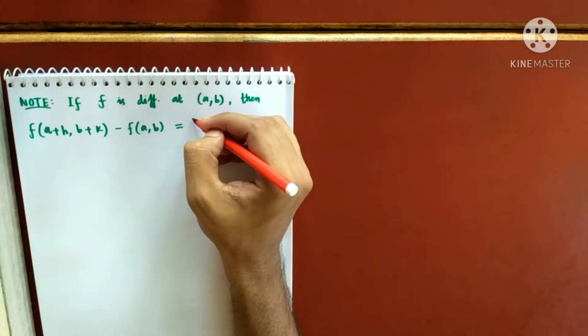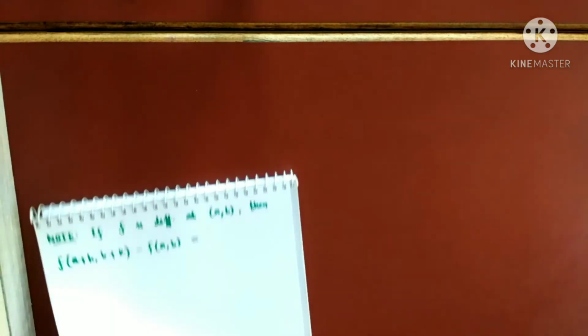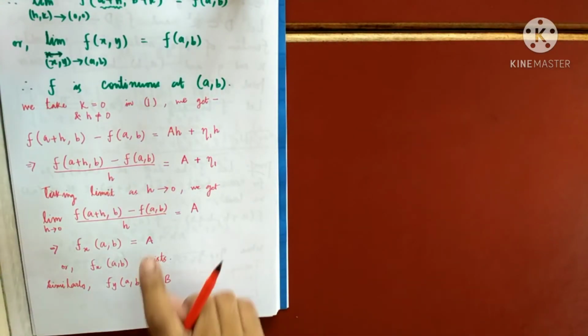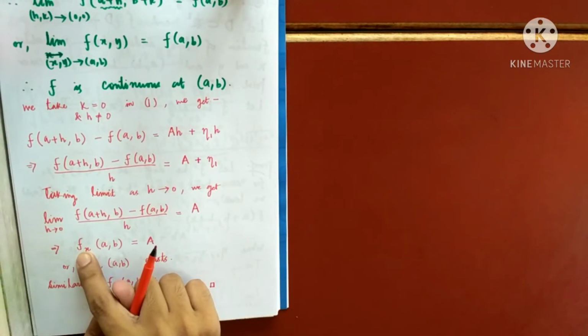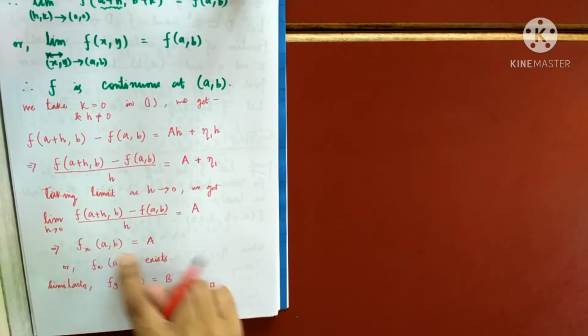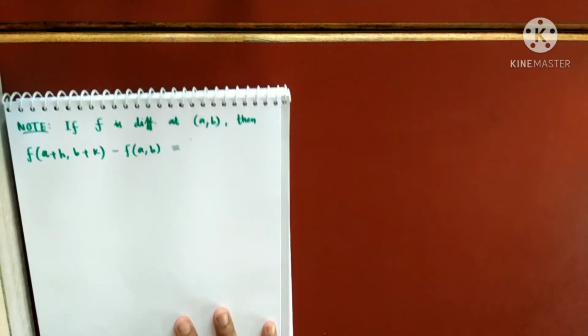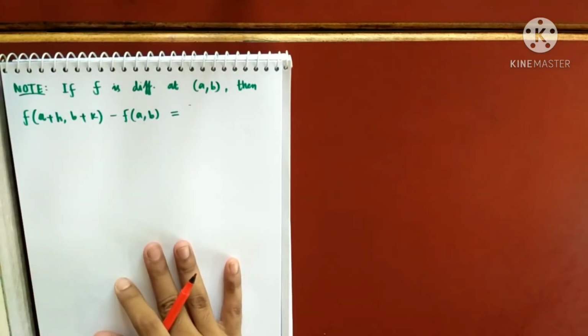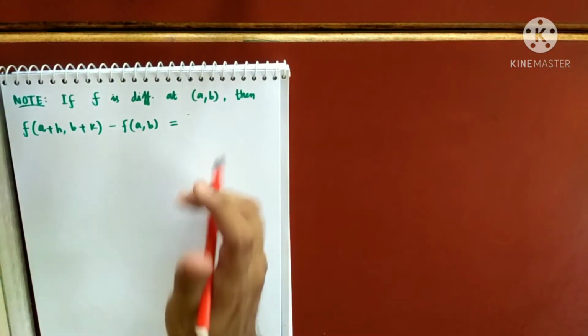I already know the value of a. What was the value of a I obtained? The value of a was the partial derivative with respect to x at a comma b. So a can be replaced like this.